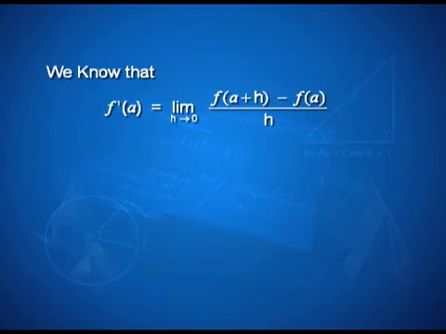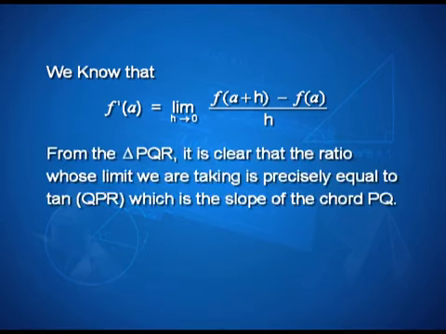We know that f dash a is equal to limit f of a plus h minus f of a divided by h as h tends to 0. From the triangle PQR, it is clear that the ratio whose limit we are taking is precisely equal to tan QPR, which is the slope of the chord PQ.